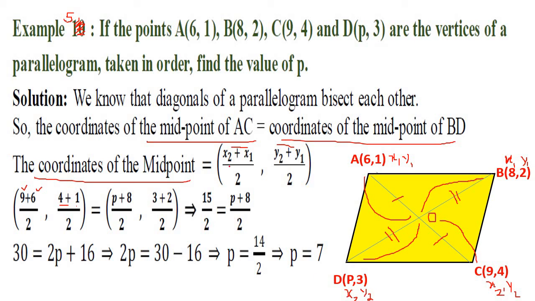So we can write (p plus 8) divided by 2, and then (3 plus 2) divided by 2.